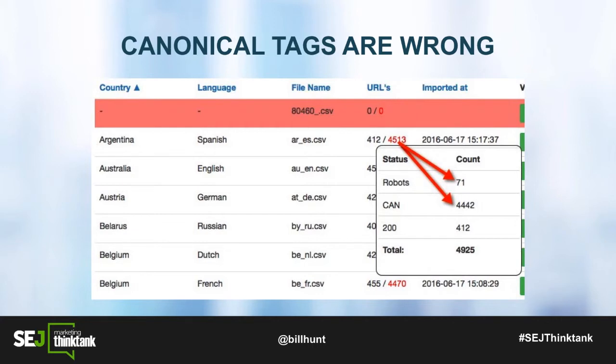Now, notice in this screen capture, we detected that out of 4,900 pages, 4,442 of them had a canonical problem, meaning the URL that was on the XML sitemap or that was submitted was actually pointing somewhere else. In this case, they cloned the page, used some Java application to change pricing, but what they forgot to do was remove the canonical to the Spain page.